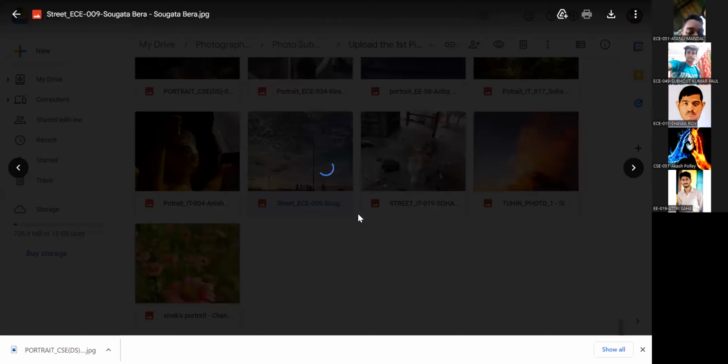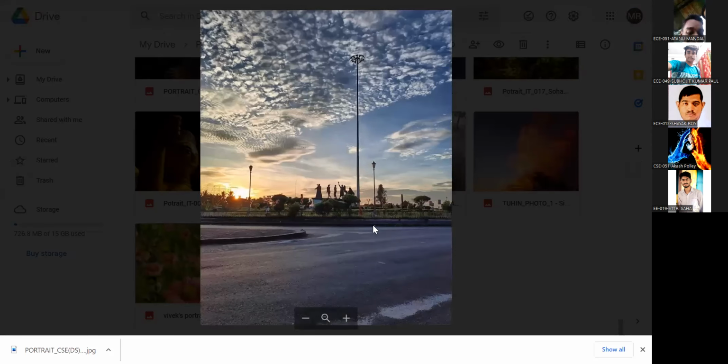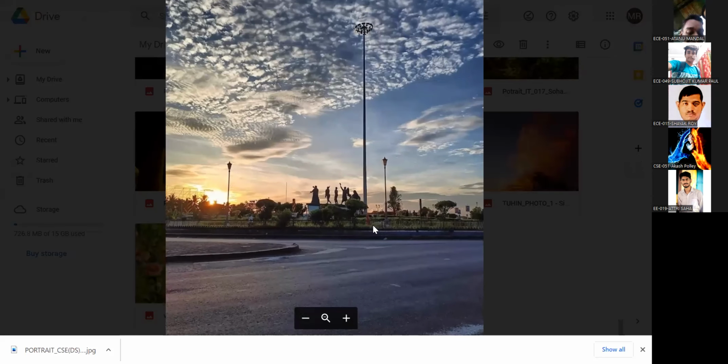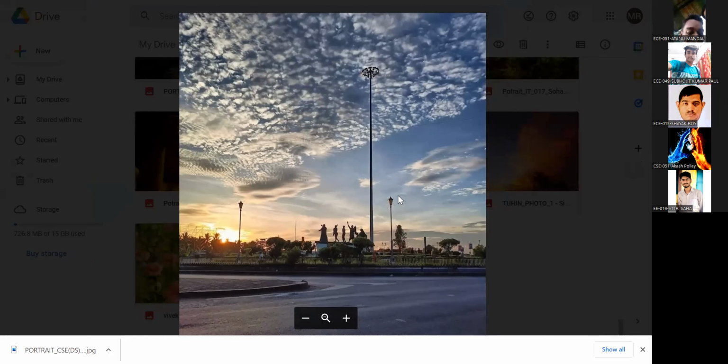Okay, another interesting one. I found this picture very interesting. Look at this. It's such a fantastic picture. I must say it is a fantastic one. It was not properly framed, but it is still not too bad.